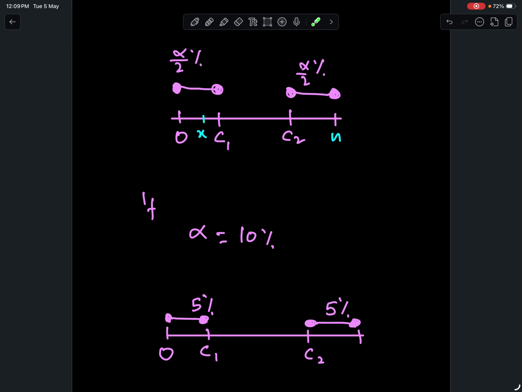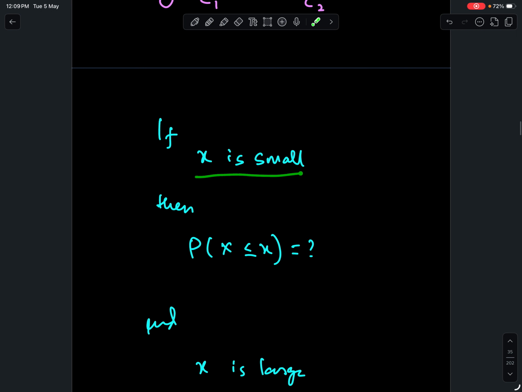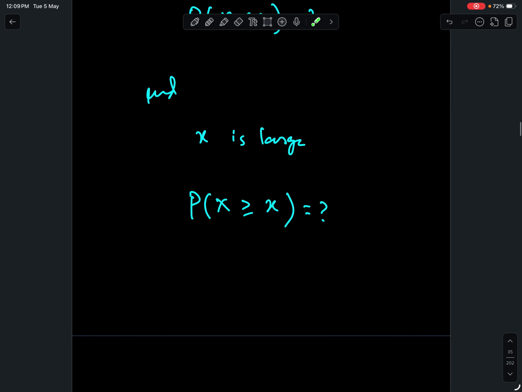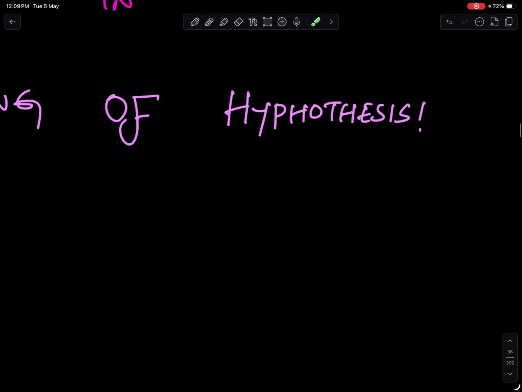If X is close to n, go for an upper tail test, and alpha is divided equally. If alpha is 10%, 5% each. I have mentioned this here. If X is small, go for a lower tail test: find the probability X less than or equal to the test value and compare this with alpha. If X is large, do an upper tail test in two tail.